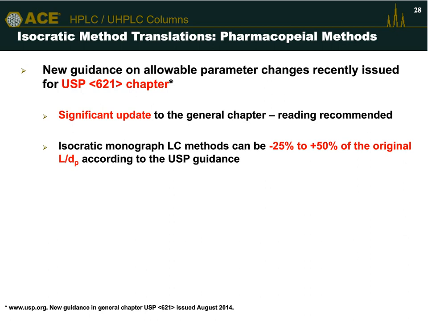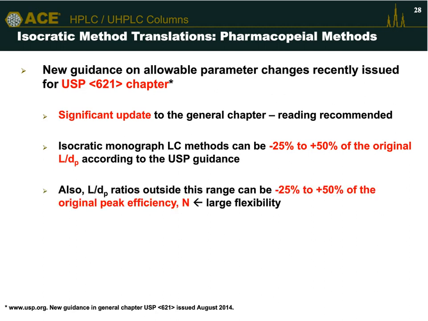So isocratic LC methods can now be converted using the column length to particle size ratio, and in fact we can use -25% to +50% of the original L over DP ratio specified in the monograph. Also, column length to particle size ratios outside this range can be used if you want to use the peak efficiency option.